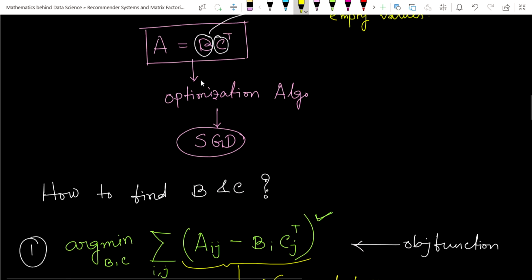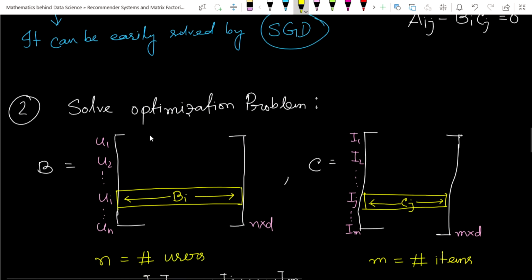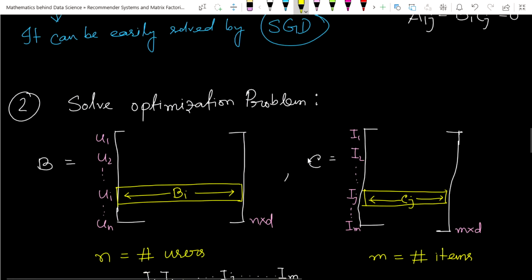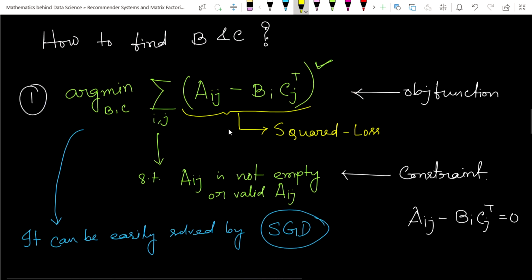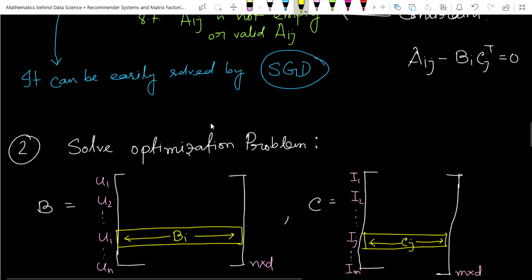We will see in depth how to build it, and in general we use the stochastic gradient descent algorithm to solve it. After solving this optimization problem, we find the matrices B and C, using the known, valid A_ij as the constants of this optimization problem.